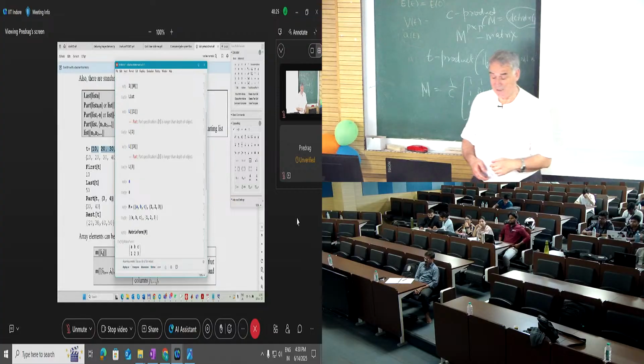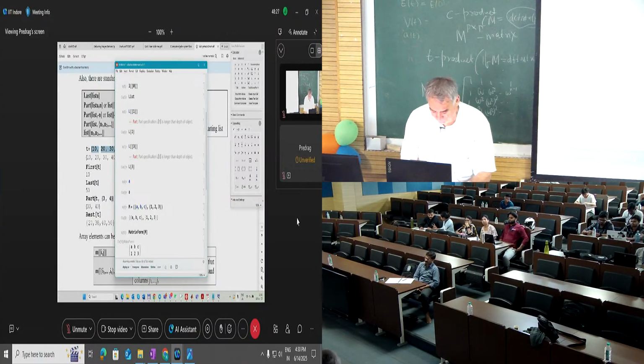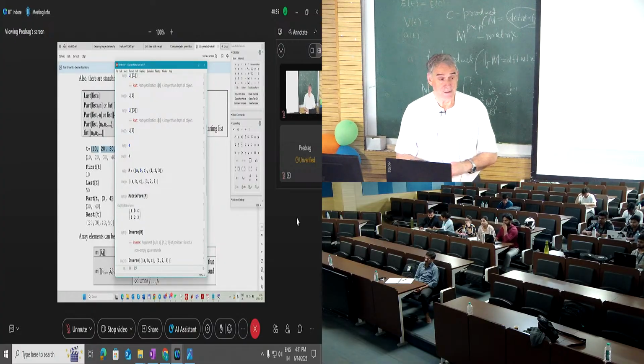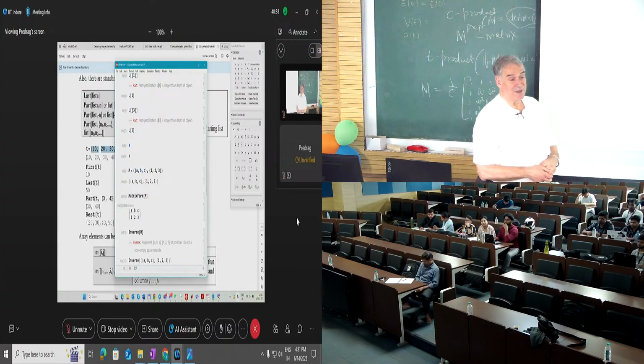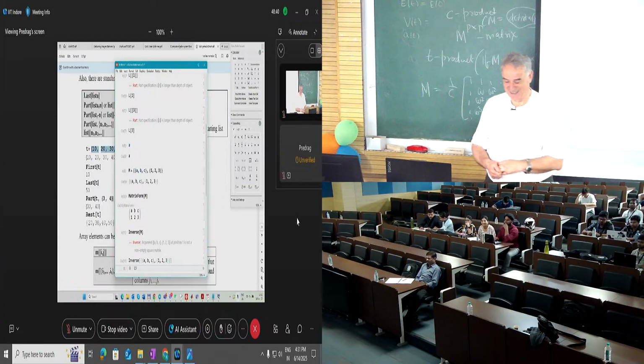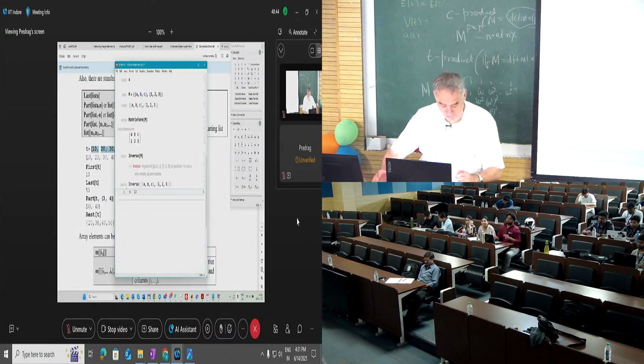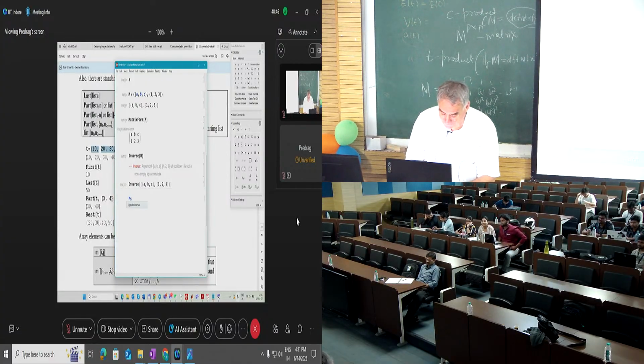Inverse of this matrix. Will we have problems? We will. Matrix M is not square, so no inverse. But there is our frequent topic here, pseudo-inverse.